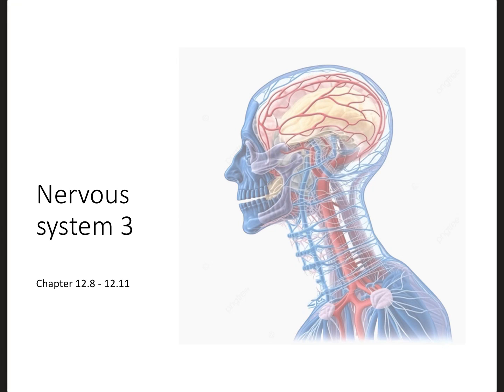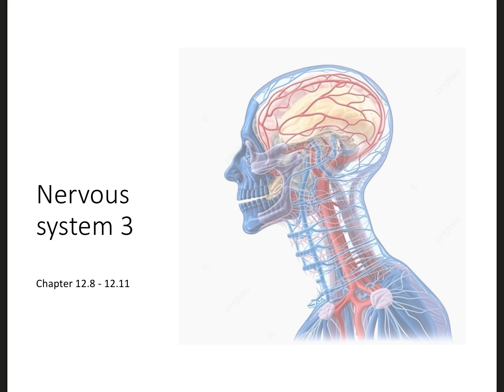We are clear on where different pumps and channels are located within the neuron? Because we're going to talk about the different parts of the neurons today and what they do, in terms of an action potential: receiving the signal from another neuron, initiating an action potential, and then conducting the action potential down the axon.